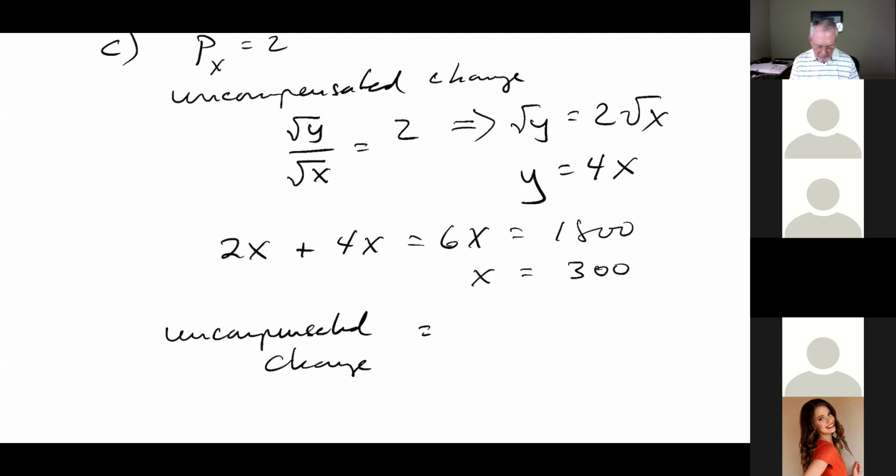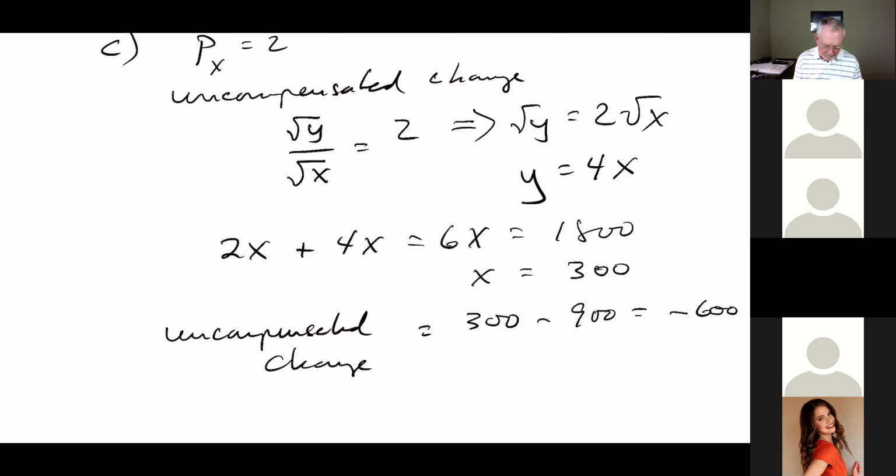It's going to be 300 minus the initial value, 900, so it's minus 600.